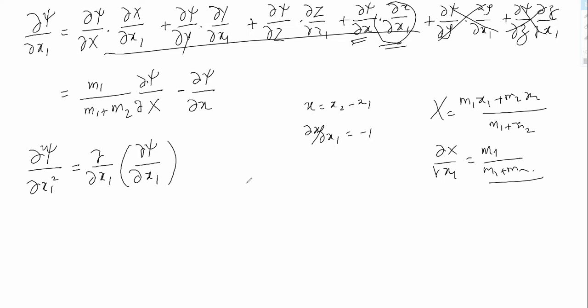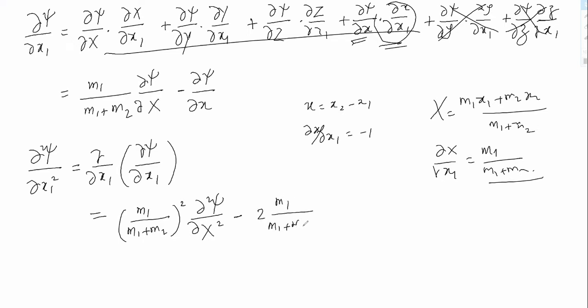And what you will realize is that this will give us m1 by m1 plus m2 whole square del square psi by delta X square minus twice m1 by m1 plus m2 del square psi by delta X delta x plus del square psi by delta x square. This will be the expression for delta square psi by delta x1 square.